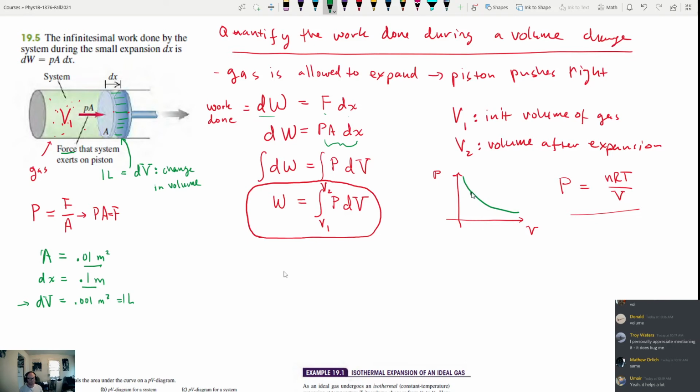And if I pick two different volumes, like let's say I pick a volume here and a volume here. Let's say this is V2, and let's say this is V1, right? Graphically, we can find the work done by finding this area. That's the work done.